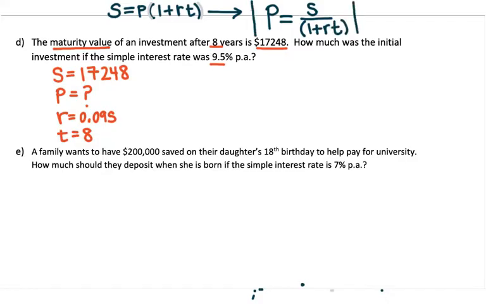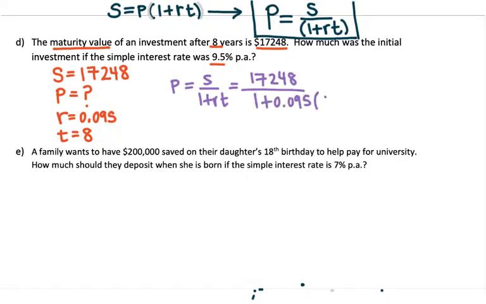So we'll say P equals S over 1 plus RT, and we put in the numbers: 17,248 divided by 1 plus 0.095 times 8 years, and we will get that the initial investment was $9,800.